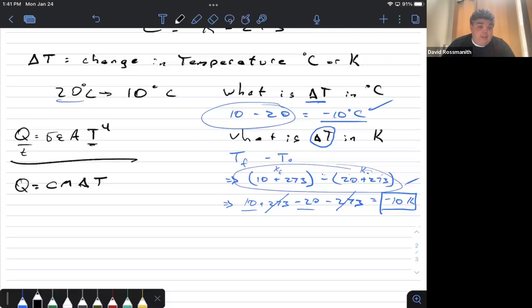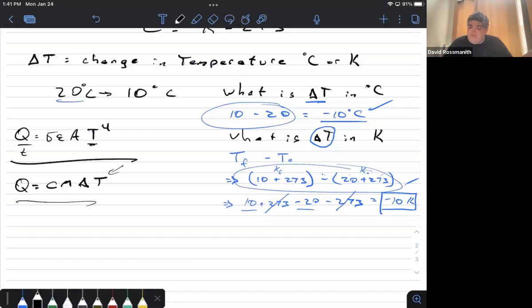You have to convert to Kelvin. Second equation, there's a delta T in my equation. I can convert or not, doesn't matter. Either way, it'll be the same number I'm plugging in right there. If it happened to be this example in blue, then I'd either be plugging in negative 10 degrees Celsius or negative 10 Kelvin. Either way, it's just negative 10 to my calculator.